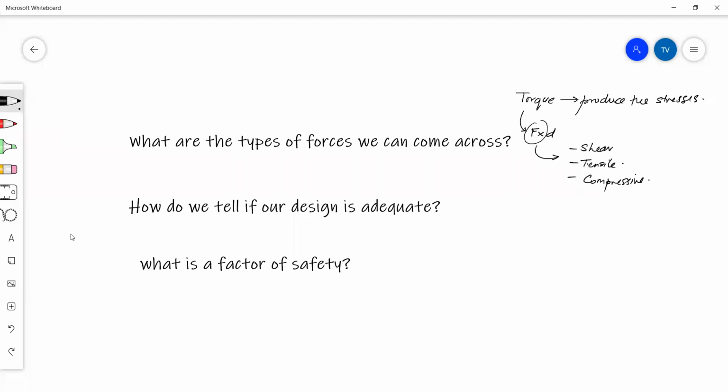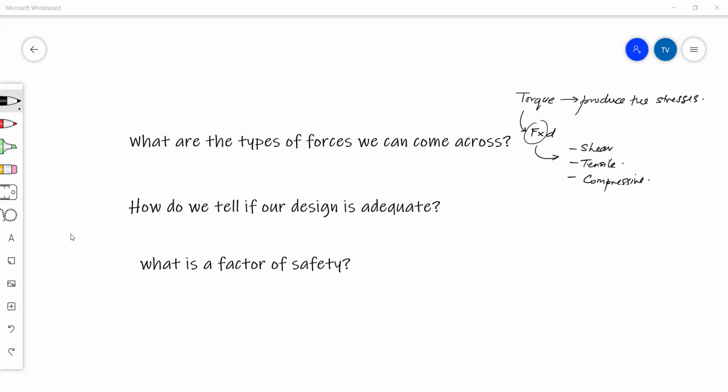So a data sheet about a certain material will say its tensile strength, its shear strength, and its compressive strength. If you already understand the types of forces, you'll know which bits of that information you need to use in your calculations. So if there's a tensile force being applied, you know you'll be looking at the tensile strength of the material. Likewise for shear and for compressive.